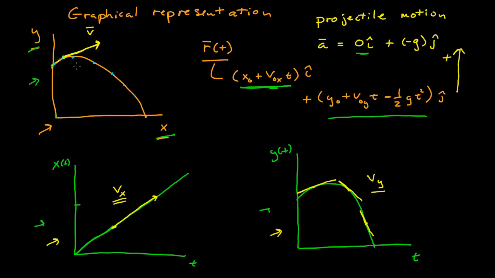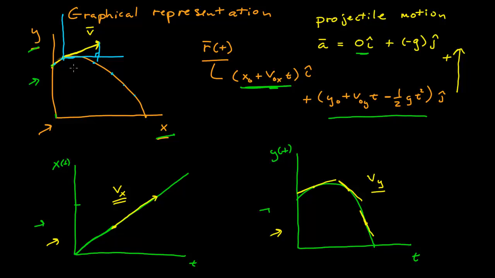So given that, if I give myself an axis here, I can use this graph to establish a relationship between the x and the y component of the velocity.